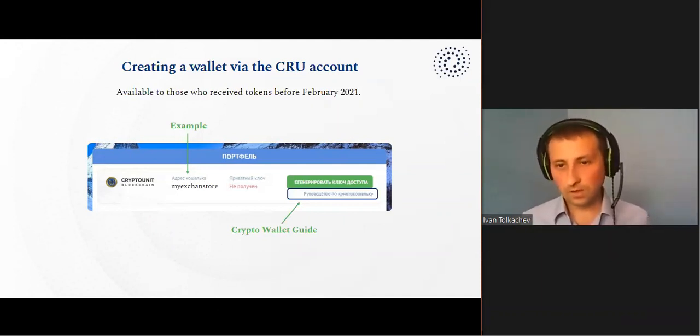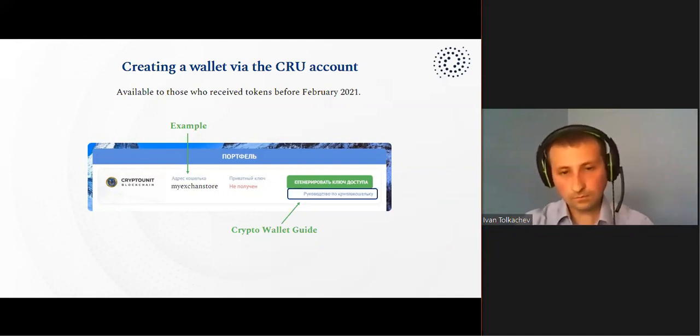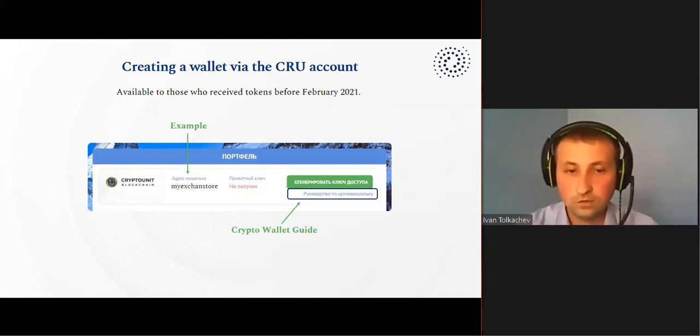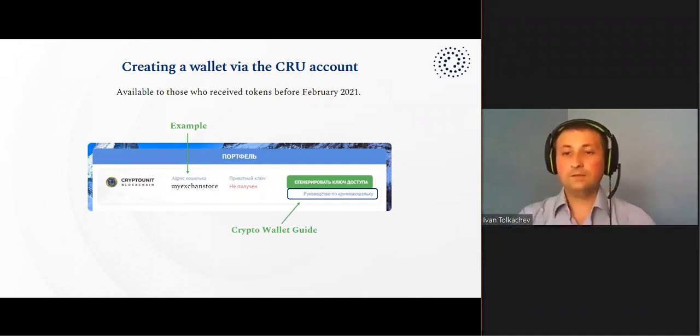Creating a wallet via the CRU back office. This option is available to those who purchased CRUs or received them as a gift before February 2021. In your portfolio section, there will be a crypto wallet address generated. Those tokens are already on your blockchain, but you need to get access to your wallet.